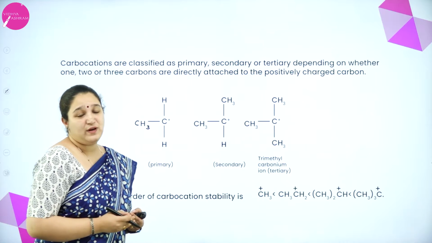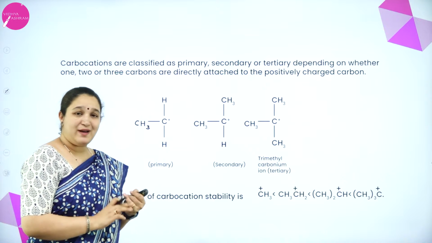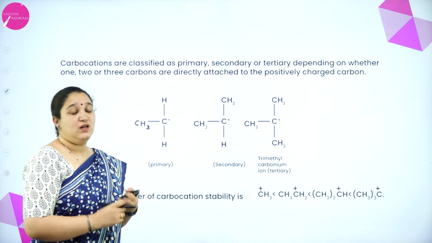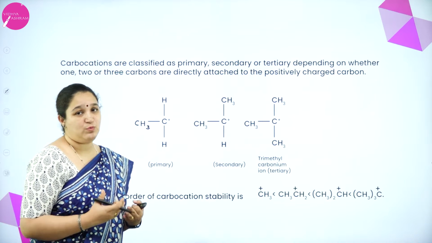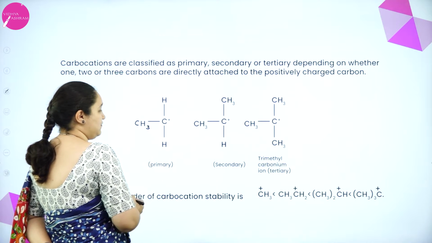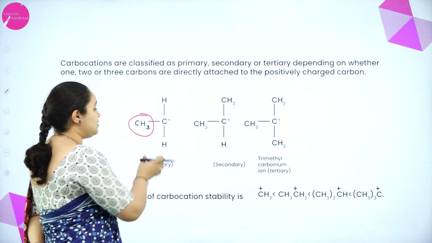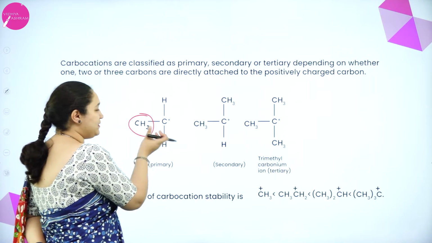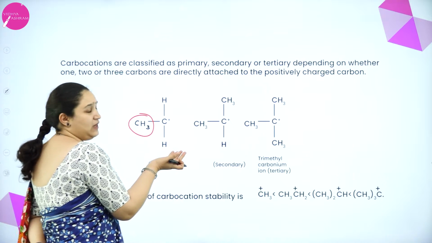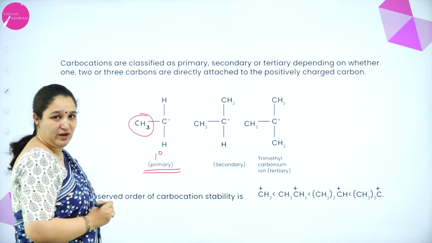Next we are going to study the different types of carbocation. Carbocations can be primary, secondary, or tertiary. What is the meaning of primary carbocation? For example, a carbon atom with a positive charge has just one carbon neighbor, that is, just one CH3 group or any group, but only one carbon neighbor, and the other two bonds are with hydrogen atoms. Then we call that a primary carbocation.